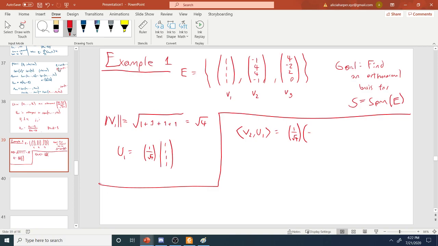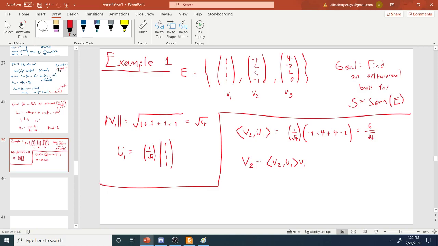So negative 1 plus 4 plus 4 minus 1, and I finally get 6 over the square root of 4. Then I have to look at V2 minus the inner product of V2 with U1 times U1.